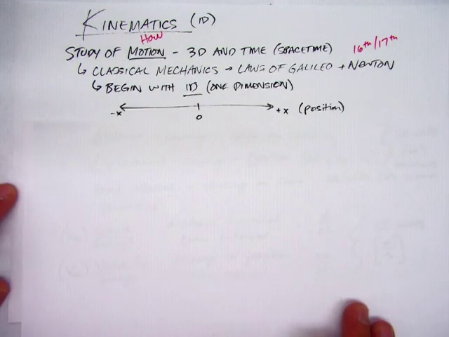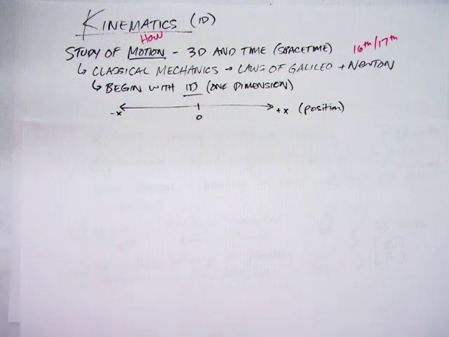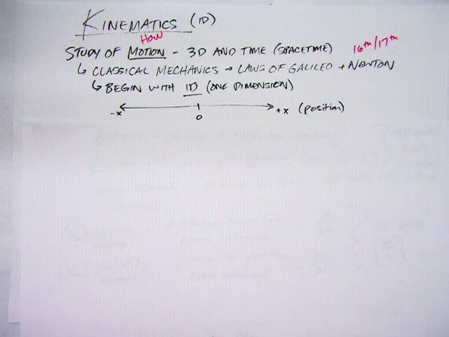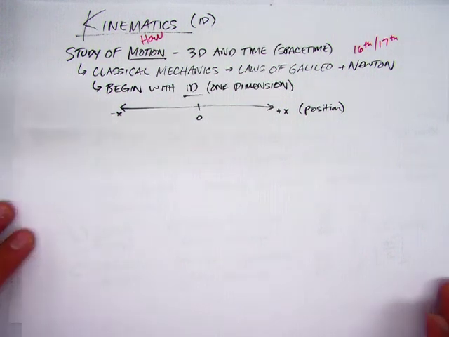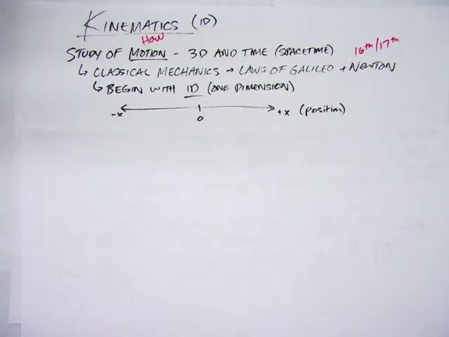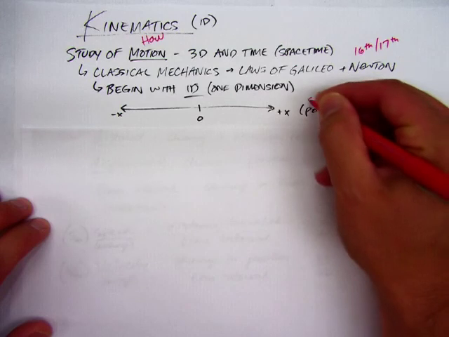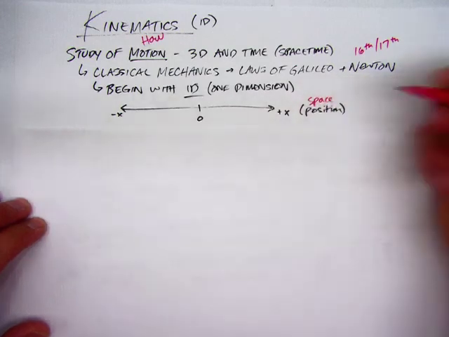So if we think about one-dimensional motion, we're moving in a certain position back and forth over a certain period of time. So let's look at how we can establish our position, which is where we are in space in one dimension.